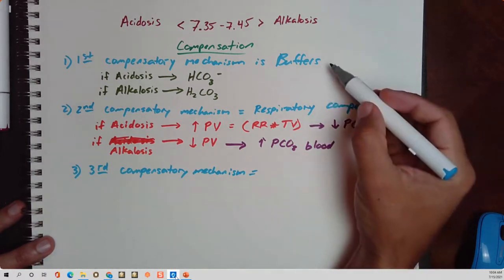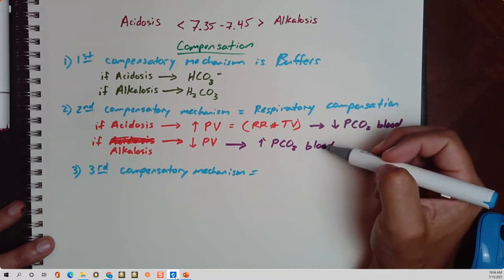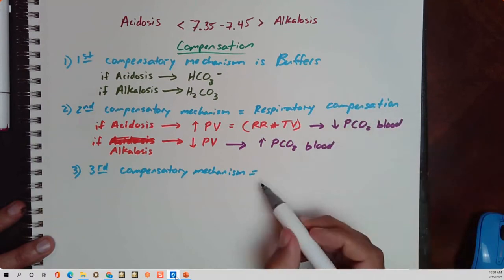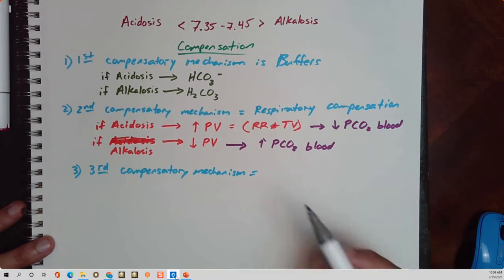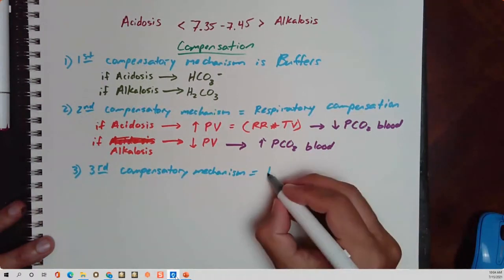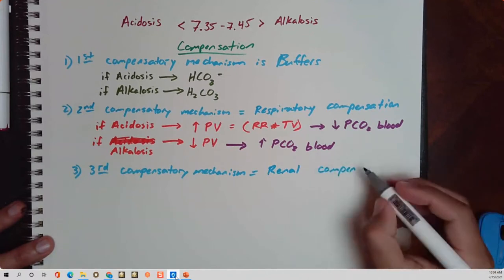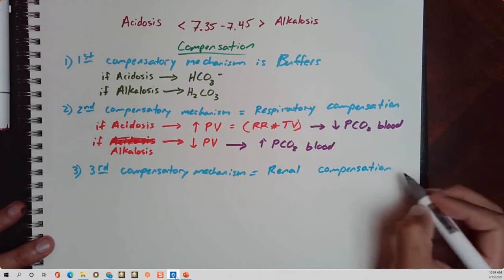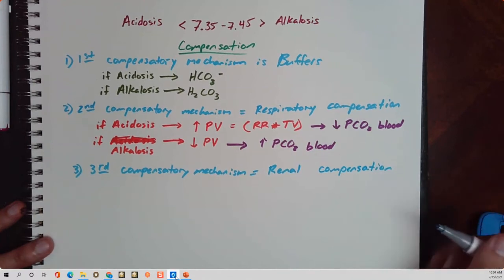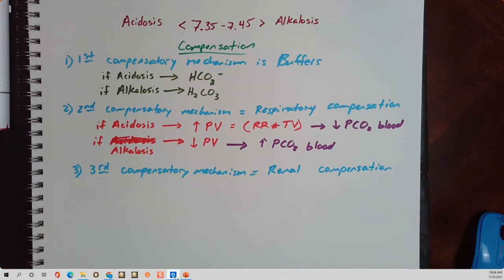If buffers aren't enough alone, and if your respiratory system isn't enough, what other system do we have to get rid of acids and bases, or to gain more acids and bases? Now we're dealing with renal compensation, right? Kidney function isn't immediate. I hope you guys are understanding that, right? We don't drink a gallon of water and start peeing. That's not how it works, right? We've got to go through a filtration system, and cells have to have their transporters do their due. So that's what's going on down here.